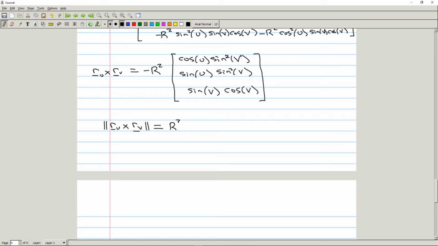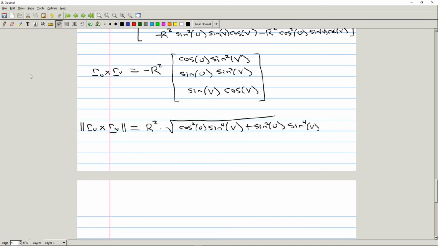So it'll just be r squared times the square root of cosine squared u sine to the fourth of v plus sine squared of u sine to the fourth of v plus lastly sine squared of v cosine squared of v, all to the power 1/2, which greatly simplifies.